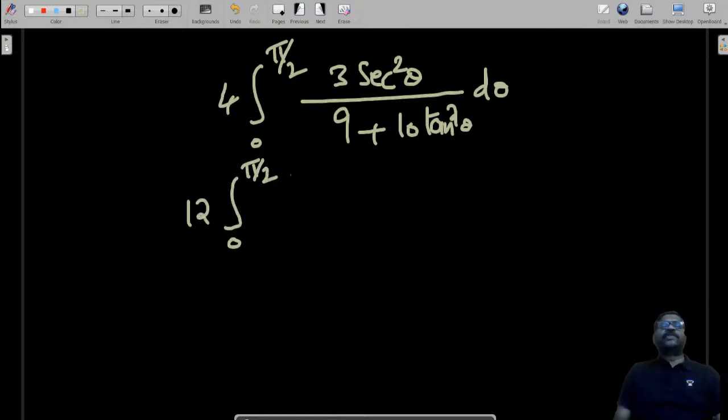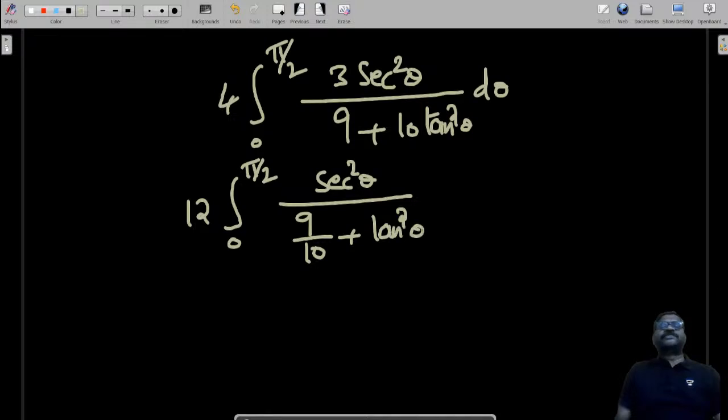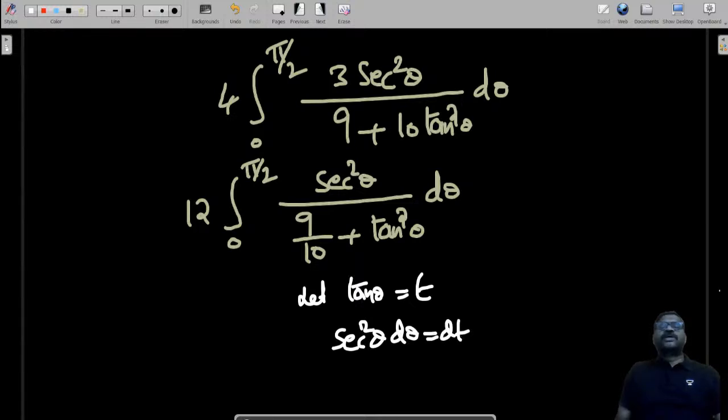12 into integral 0 to pi by 2, secant square theta by 9 by 10 plus tan square theta d theta. Let us take tan theta is t. Secant square theta d theta equal to dt. When theta is 0, t is 0. When theta is pi by 2, t is infinite.